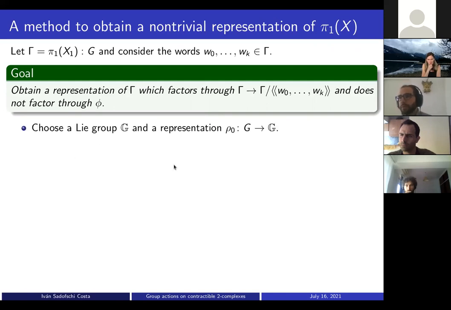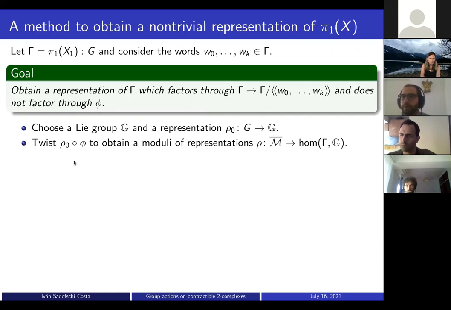So to do this, first we choose a Lie group G and the representation rho 0 of G in G. And then we want to twist this, which is a representation of gamma in the Lie group G, to obtain many representations of the group gamma. By moduli, we simply mean that M bar is a differentiable manifold, and that these representations vary differentiably. I will explain what that means, but it's not a moduli in the sense of algebraic geometry.